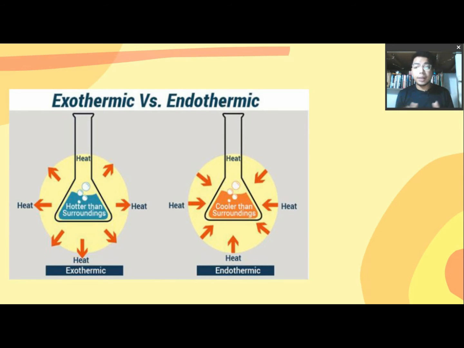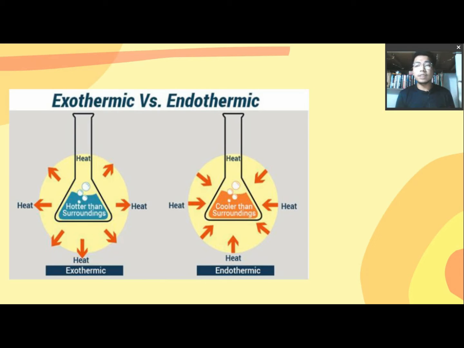While in the case of the endothermic processes, it is the movement of heat towards the system. From the term itself, endo simply means inside or going inside. Exothermic processes, once again, are the movement of heat from the system to the surrounding, while in the case of the endothermic process, it is the movement of heat from the surrounding to the system.